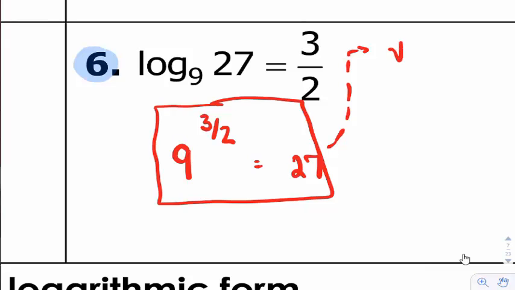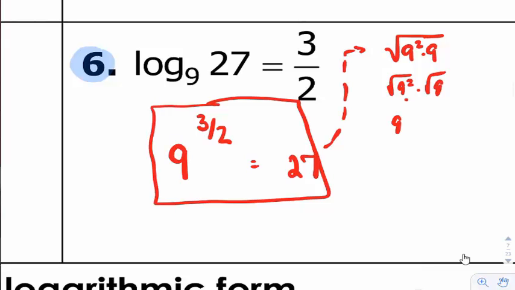This is the square root of 9 cubed, so I'm going to write it as 9 squared times 9. Okay, it's a square root. So if you take the square root of 9 squared times the square root of 9, the square root of 9 squared is 9. And the square root of 9 by itself is 3. So you get 27. So it does work. So obviously it should work. But I'm just kind of showing you how you can still test that.